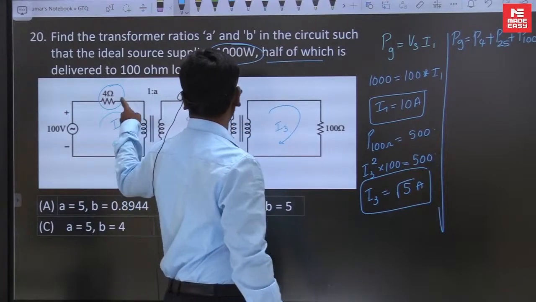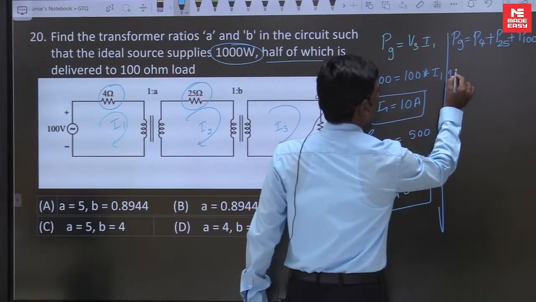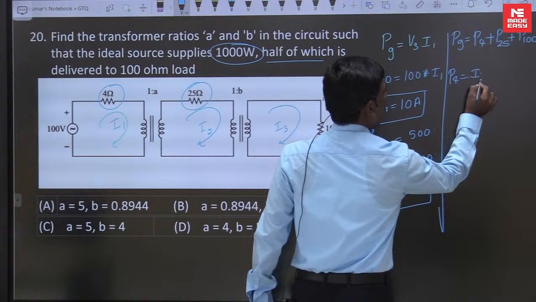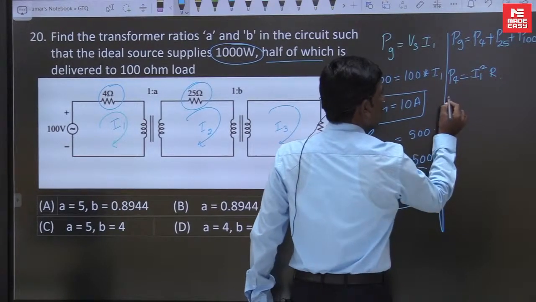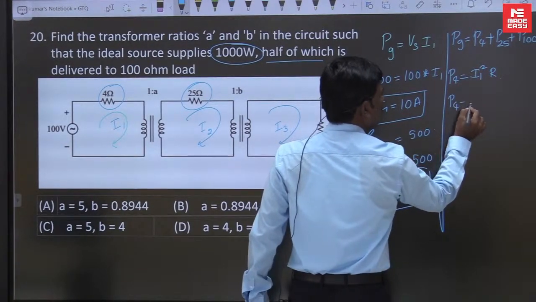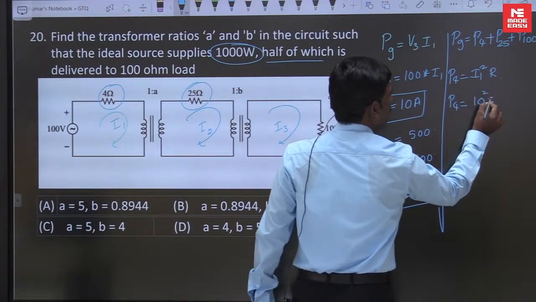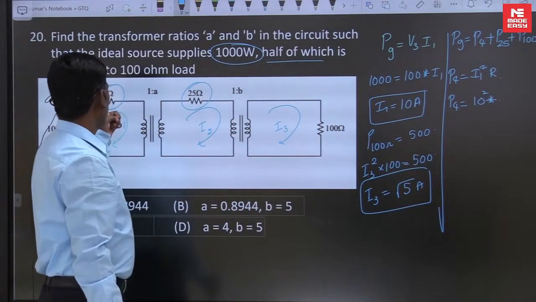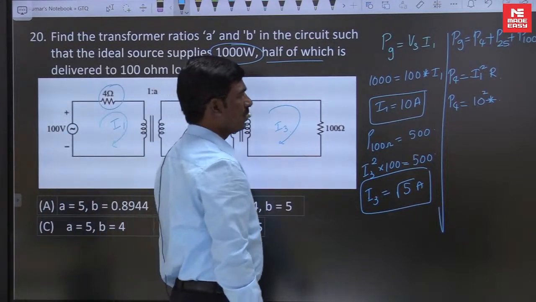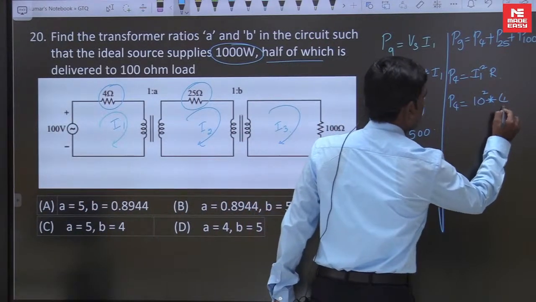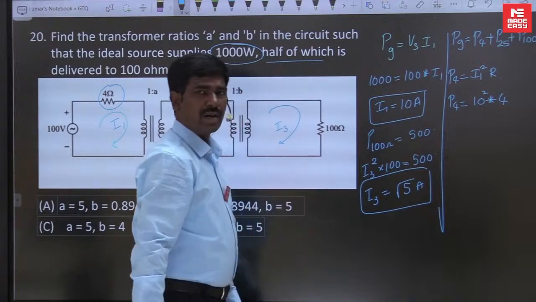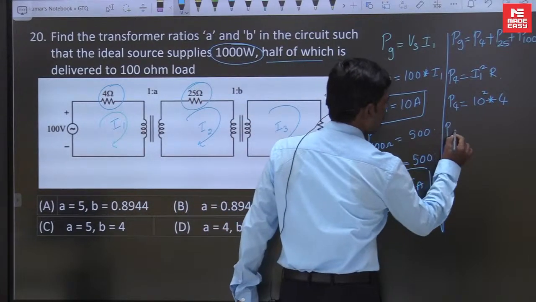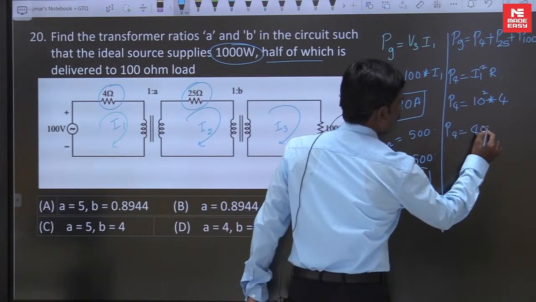P4 is equal to I1 square into R. I1 is how much? 10 square into 4 ohms is 400. So P4 is equal to 400.